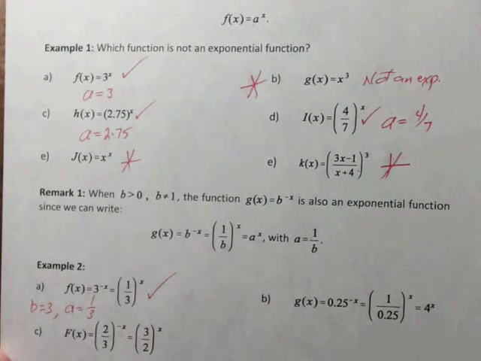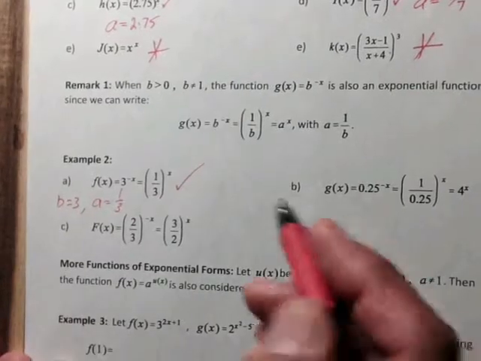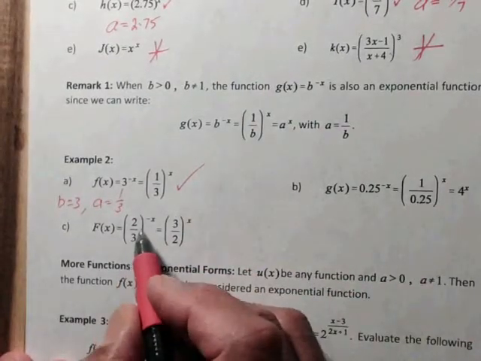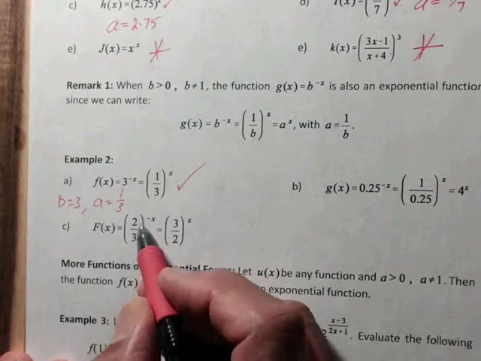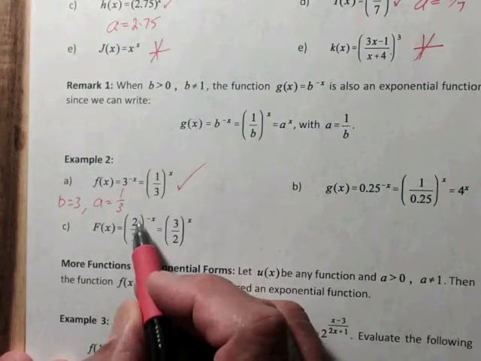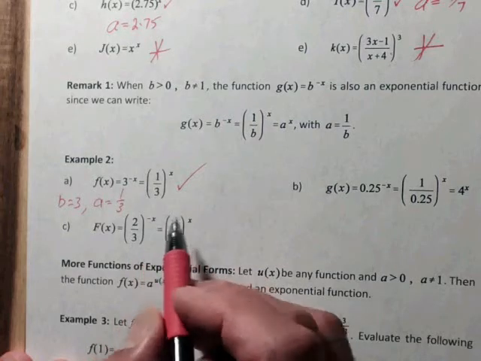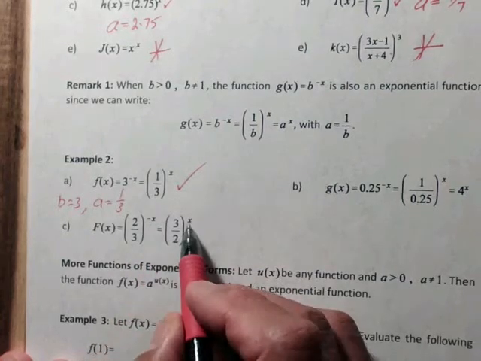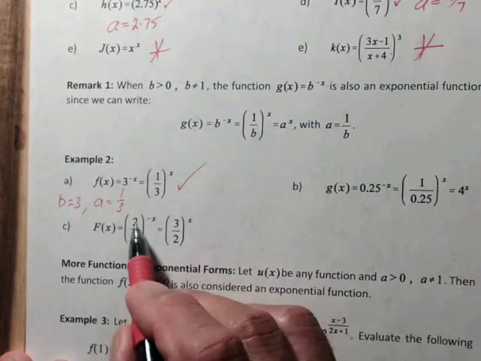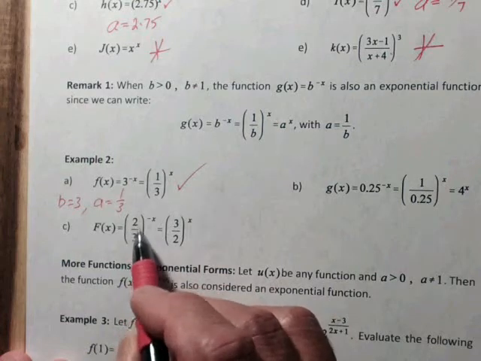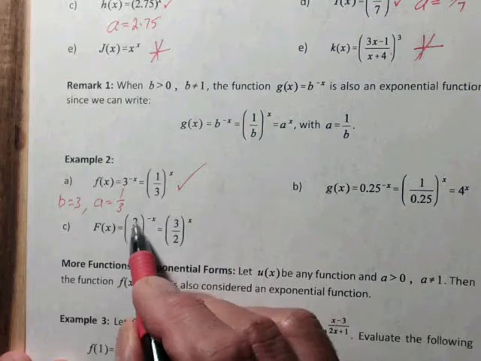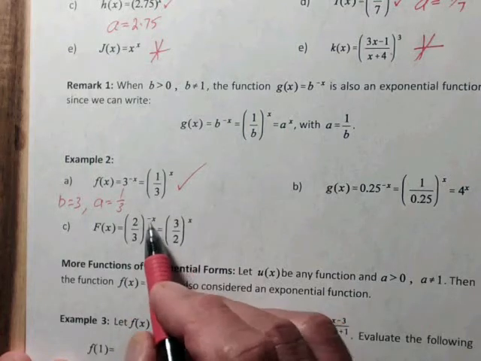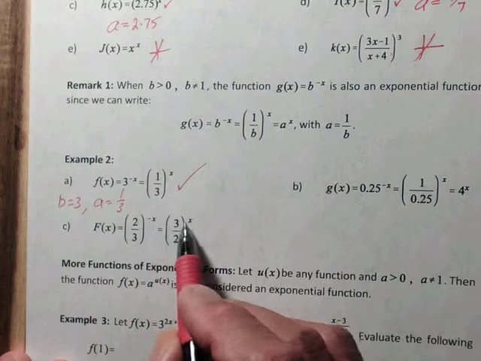You see, this one. You have a 2/3 to power negative x. You can replace that negative by positive x as long as you reciprocate your fraction. So instead of 2/3, you write 3 over 2. 2 over 3 here, 3 over 2, then you change this negative to positive.